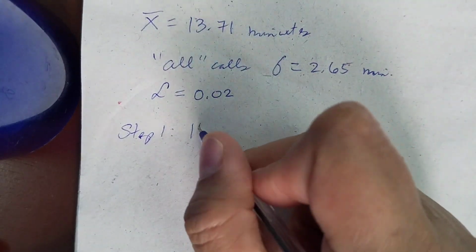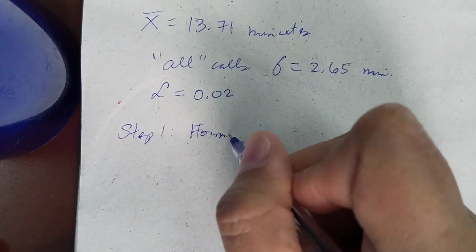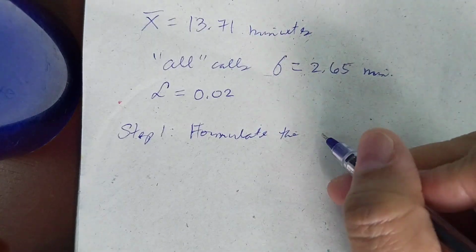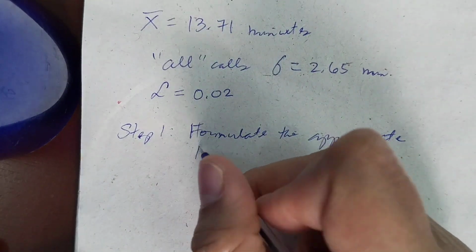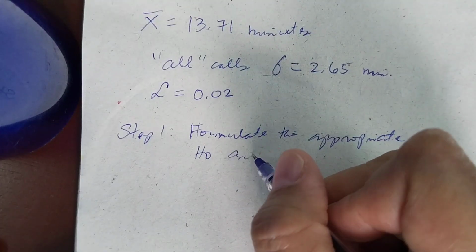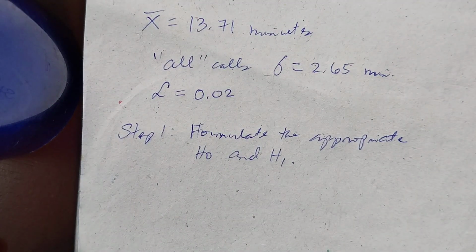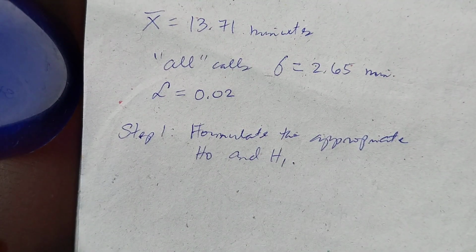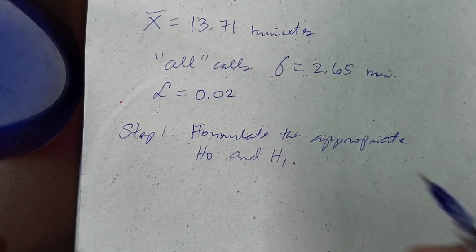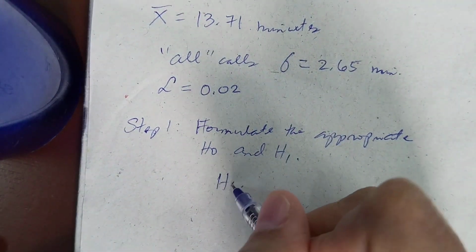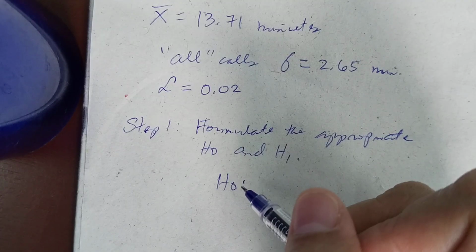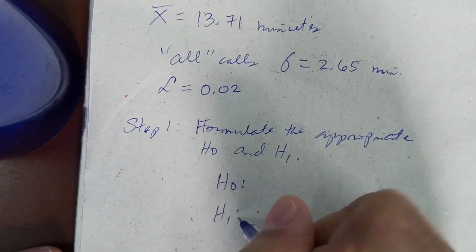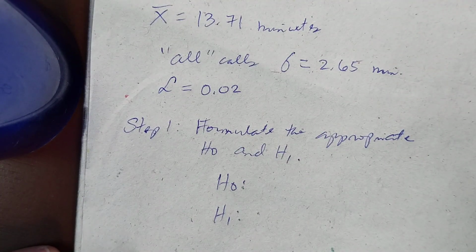What is step 1? We formulate the appropriate null and alternative hypothesis. Null hypothesis is H0 and alternative hypothesis is H1. That is in our hypothesis testing lecture. You may recall that. Now, your H0 here, according to the problem, test that the mean of all current long-distance calls is different from 12.44 minutes.